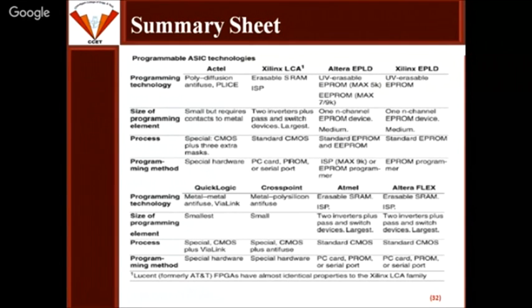Altera EPLD gives you UV erasable EPROM and E square PROM also, while Xilinx CPLDs give you UV erasable PROM. And there are the size of programming element, process, programming method, and programming technology. These are the different parameters. Based on that, you can choose the different FPGAs provided by different vendors, and according to your requirement, you can work on that.